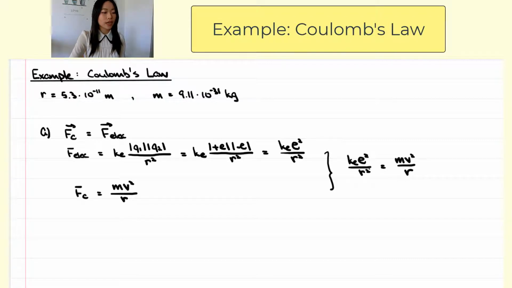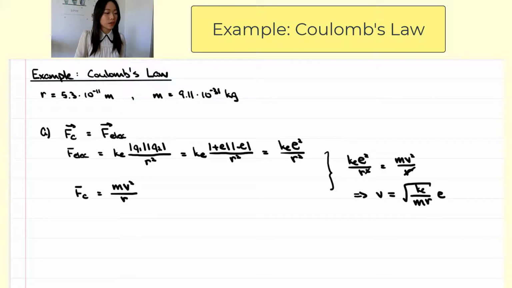We cancel out one of the radius on both sides, then we can isolate for the speed. And since we are looking for the speed, we can ignore the negative sign. So this equals the square root of Coulomb's constant divided by mass times r, times e.